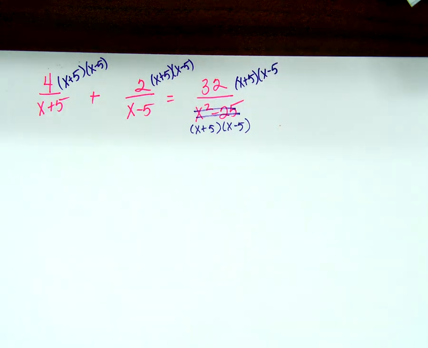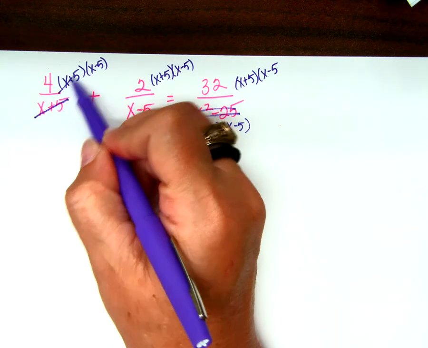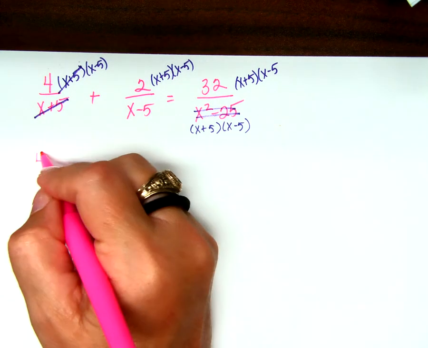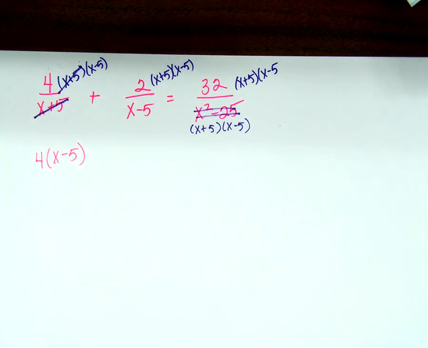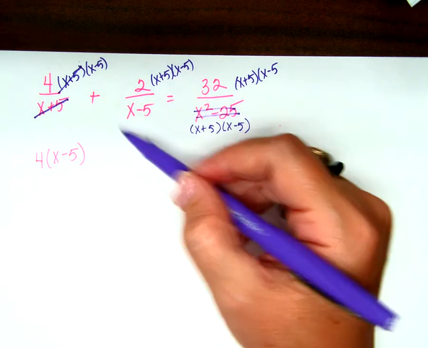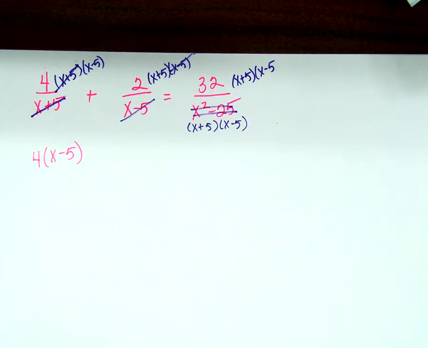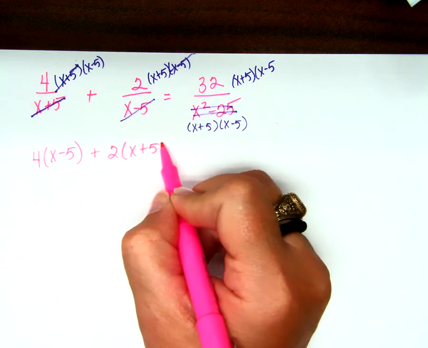what happens to the first fraction? Get rid of the x plus 5. So what we have left is 4 times x minus 5. I know we could simplify that, but let's just get it written down first. What happens with my second fraction? X minus 5's go away, leaving 2 times x plus 5.